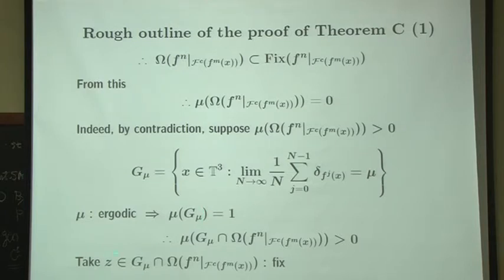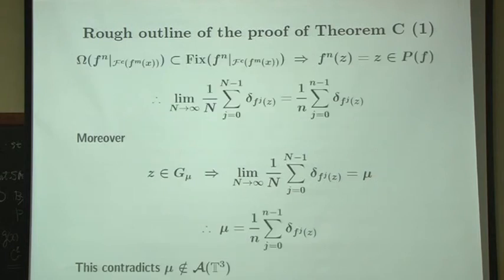So we take this one. Assume, by contradiction, that this set has intersection with measure mu. Then take this one. Then we see this is a fixed point set. The z is in fact a periodic point. So this limit converges to this one in the weak topology.